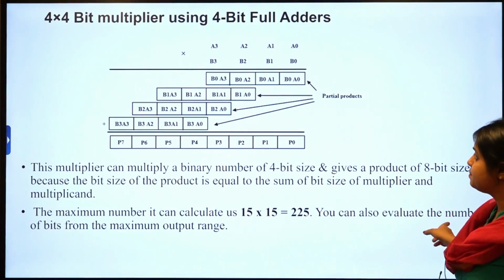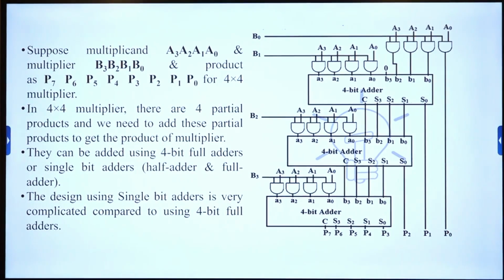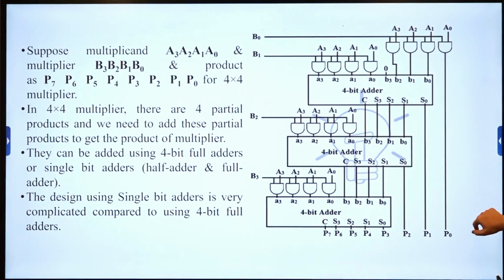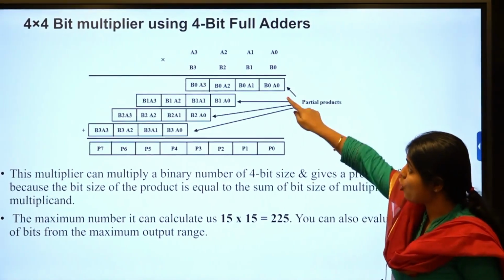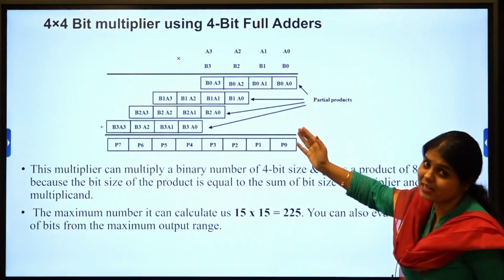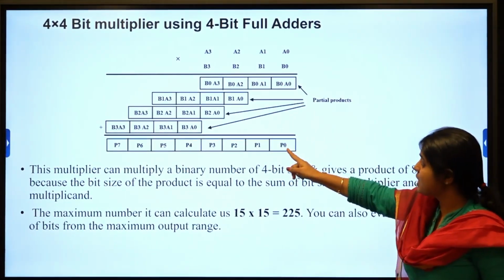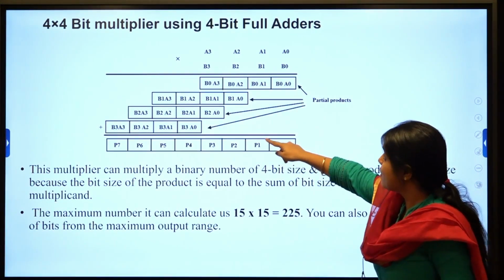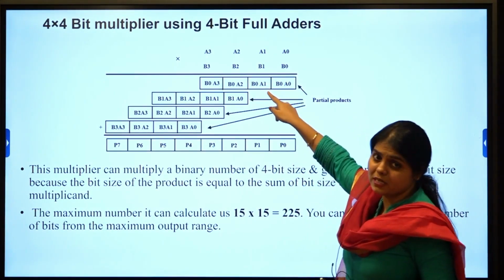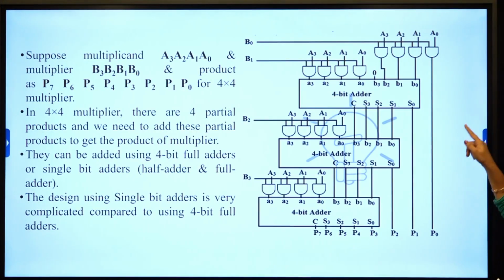Now when you look at this particular circuit, we are using 4-bit adders because I want to consider the output carry of each and every partial product that is being sent to the next. If I get any carry in P0, that should be added to P1, wherein P1 is multiplying these 4 bits. So that is the reason for this circuit.